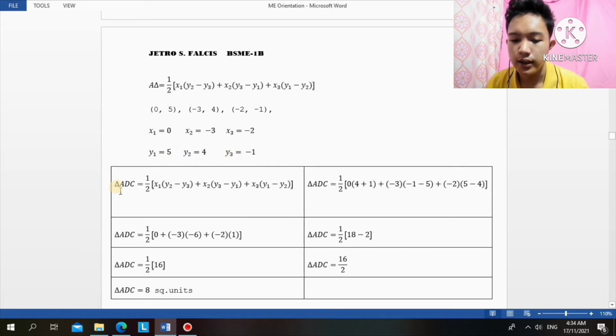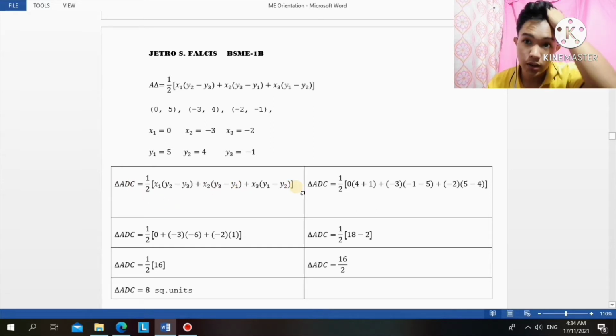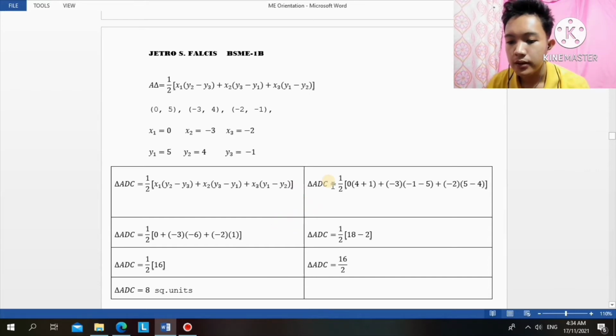So, to solve first, let's solve the area of triangle ADC. So, let's substitute the value. Our equation will be triangle ADC is equal to 1 half times 0 times 4 plus 1 plus negative 3 times negative 1 minus 5 plus negative 2 times 5 minus 4.